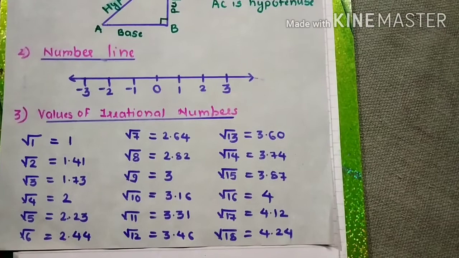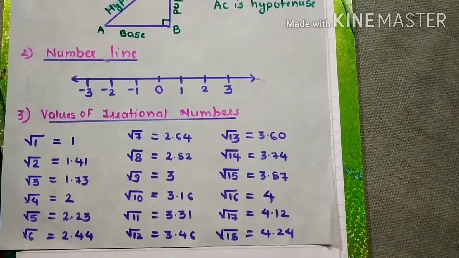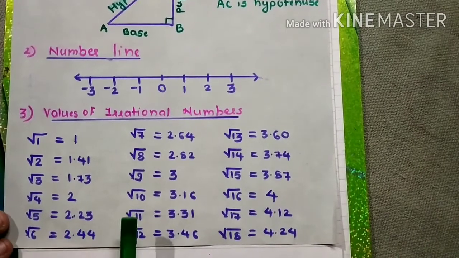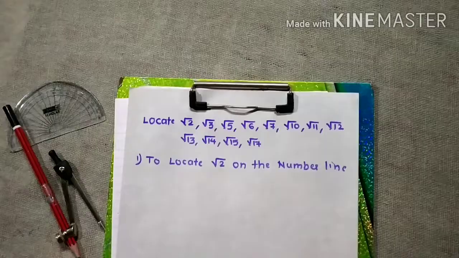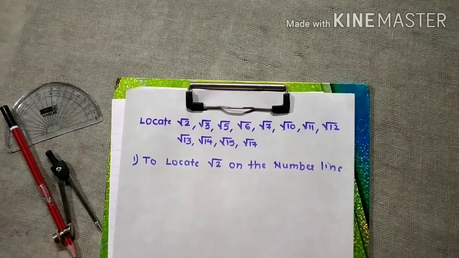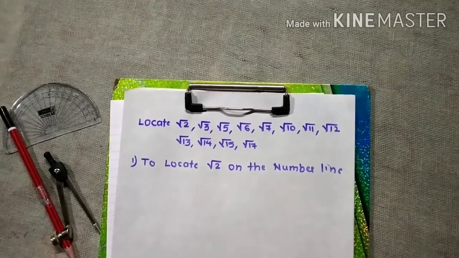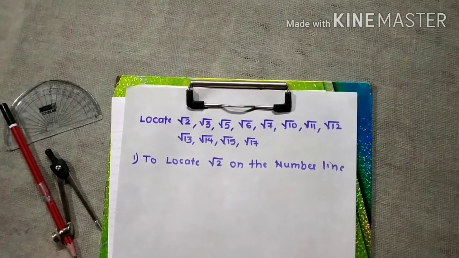So this much I have written. These are very important before learning how to locate an irrational number on the number line. So far we have learned the basics. Now let us learn in detail.